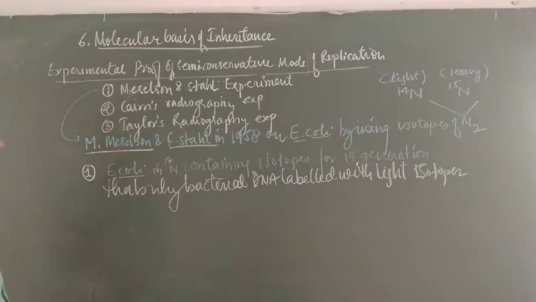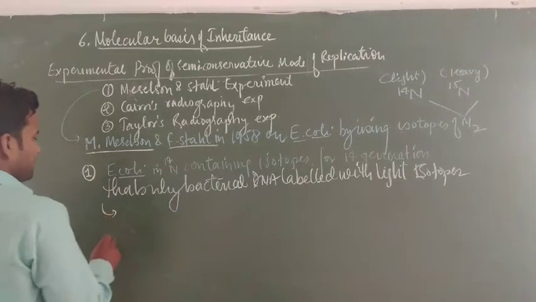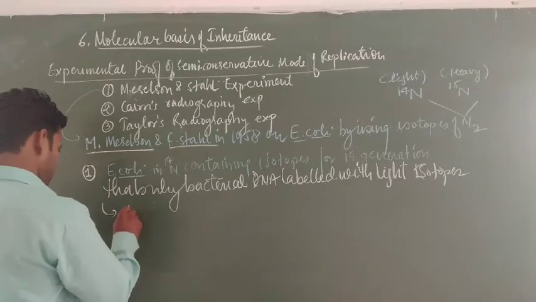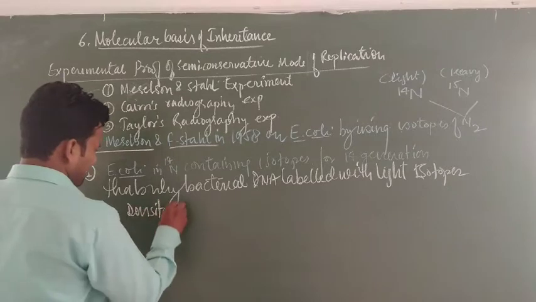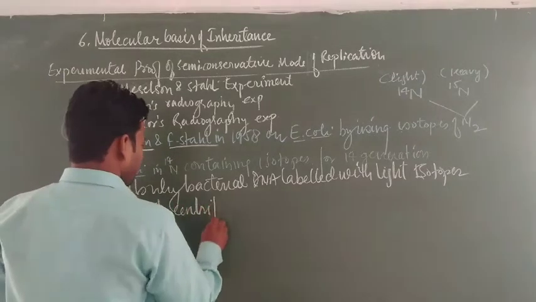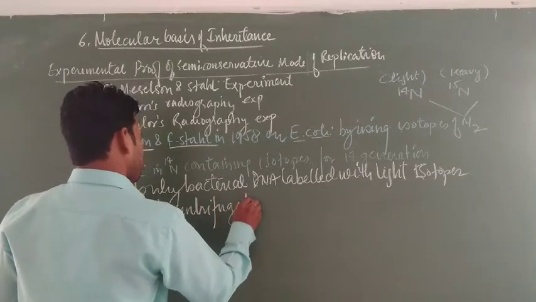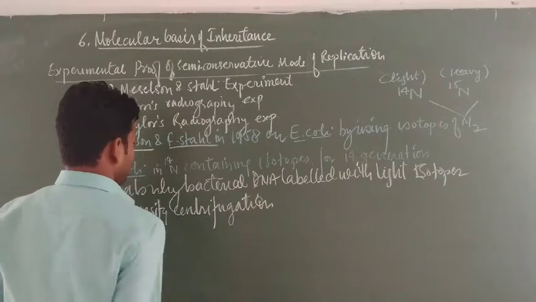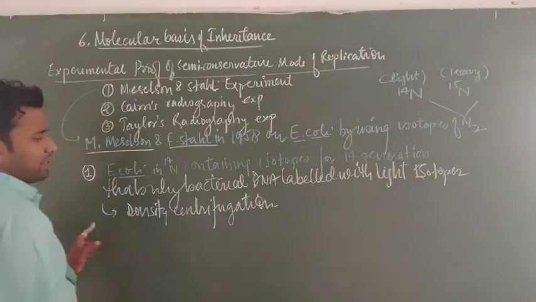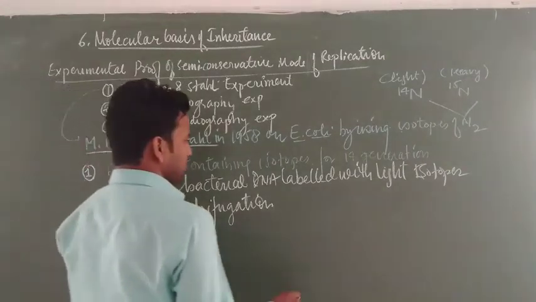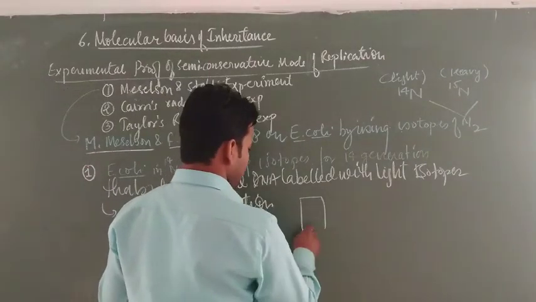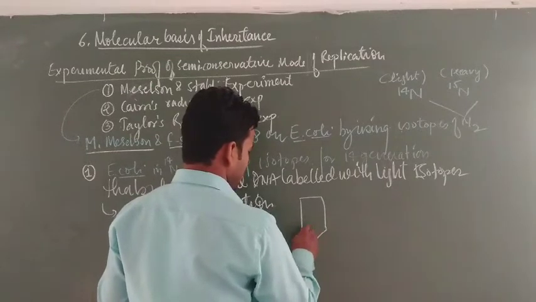How do they observe that it is labeled? They subjected it to density gradient centrifugation. On centrifugation, the DNA with light nitrogen strands shows sedimentation in the upper region because the DNA was light.